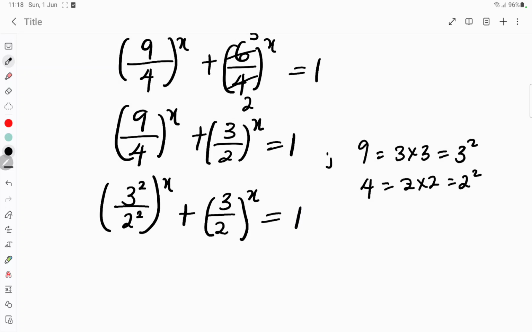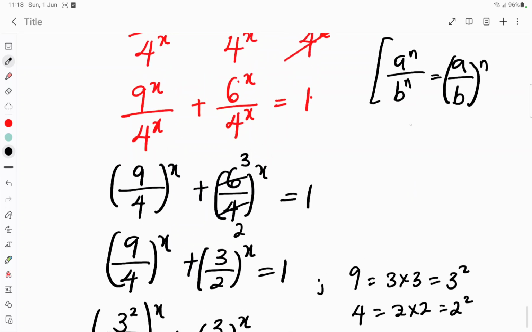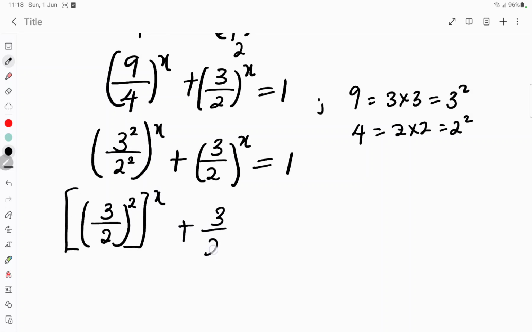On getting this, you can now see that we apply this particular rule we used initially. We are going to apply it here. So we have (3 over 2) all squared, then raised to power x, plus (3 over 2)^x equals 1.